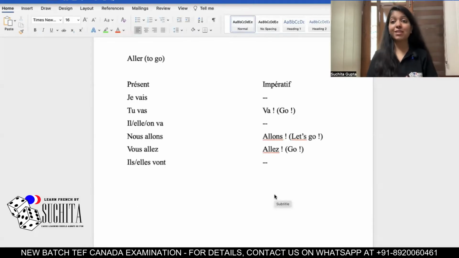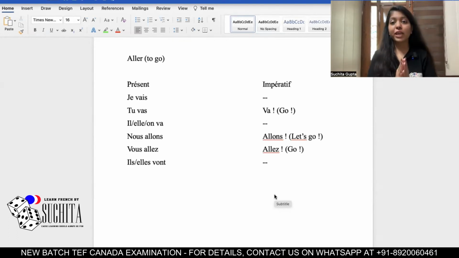Now, let's take up the next ER verb, and the verb is aller, which means to go. On the left-hand side, again, I have written the conjugation of the verb in the present tense. That's je vais, tu vas, il, elle, on va, nous allons, vous allez, ils, elles vont. In imperative, of course, with je, il, elle, on, ils, elles, it's not possible, so it's left blank.